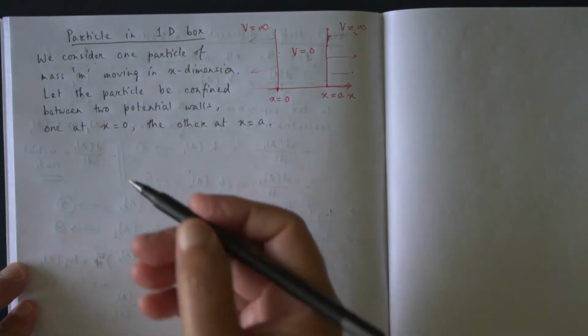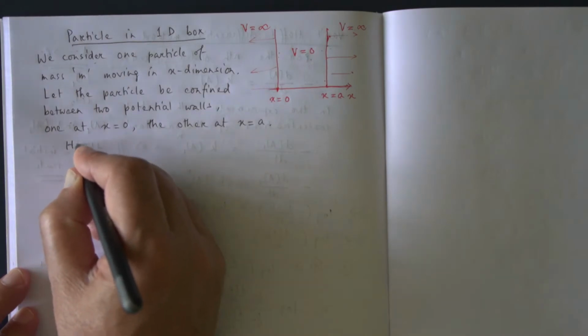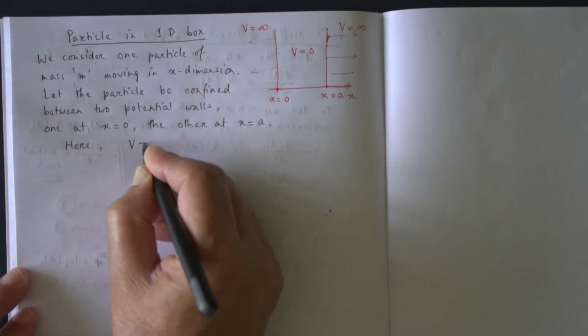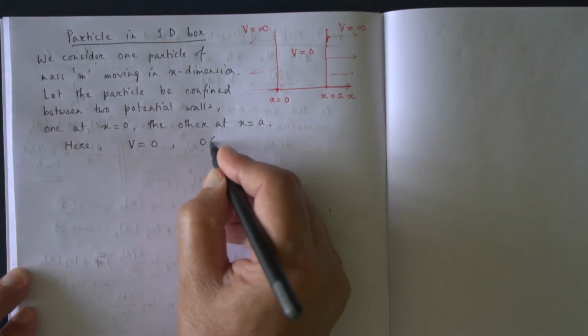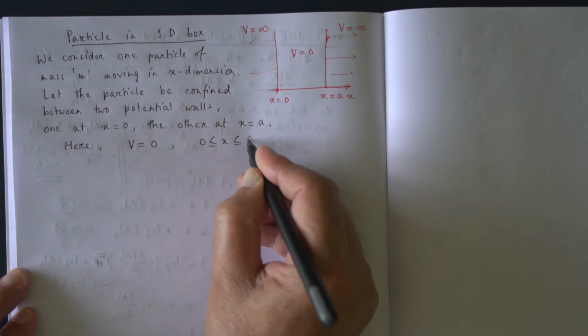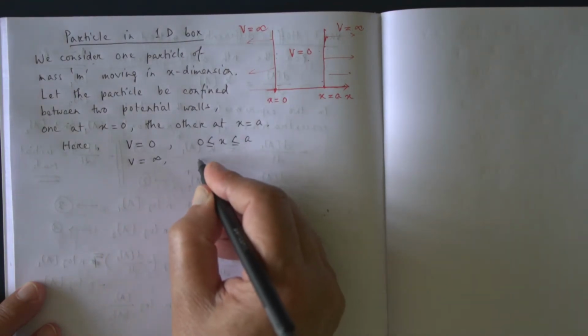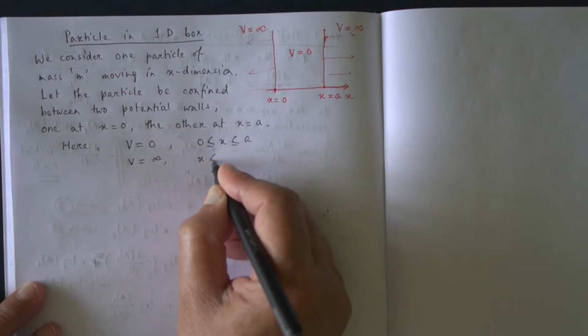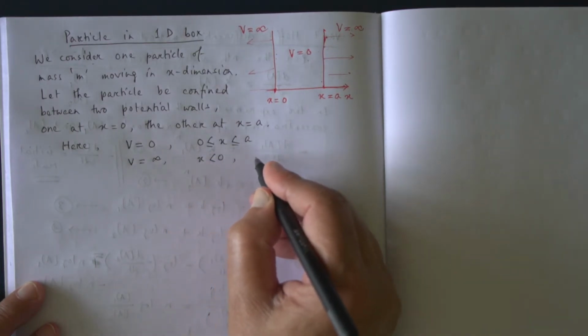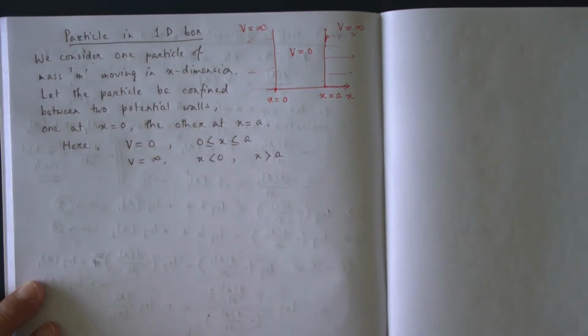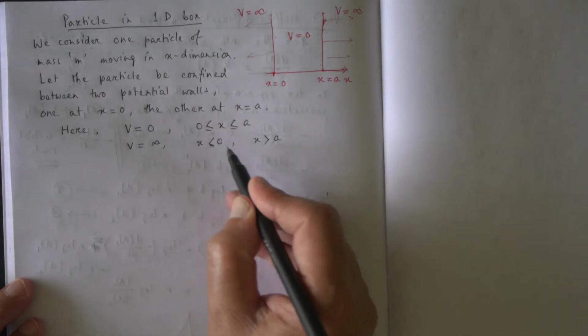Here V, potential, is 0 within the limit 0 to a, and V is infinity when x is less than 0 and x is greater than a. Okay, this is the condition.